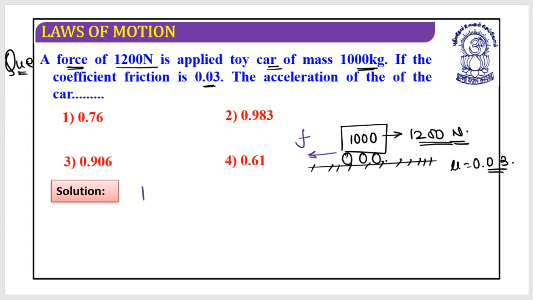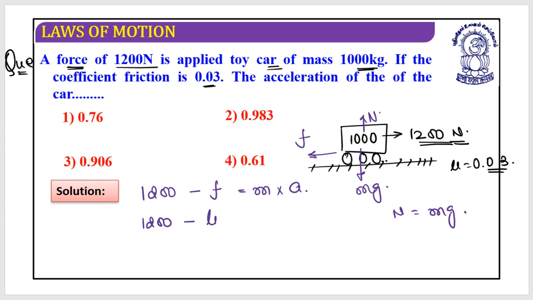So 1200 Newton minus friction should be equal to mass into acceleration. So that is 1200 minus mu N, where friction can be written as mu times the normal force. N is equal to mg, so this is 1000 into 10, it's 10,000.